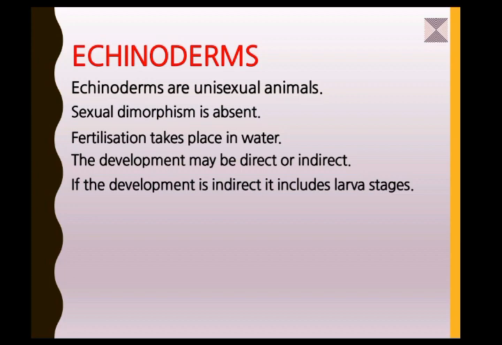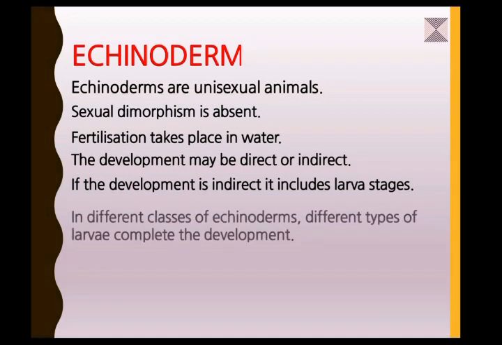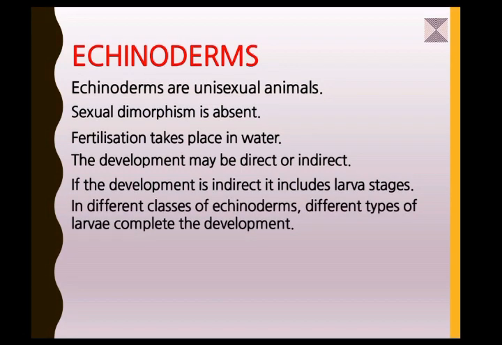It includes many larval stages. That can be one, two, three, or more. It depends upon the animal. So in different classes of echinoderms, we have different types of larvae which complete the development up to the adult formation. We'll be seeing in this lecture that there are a number of larvae formed in different animals.